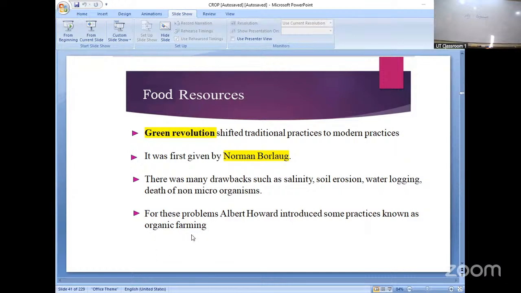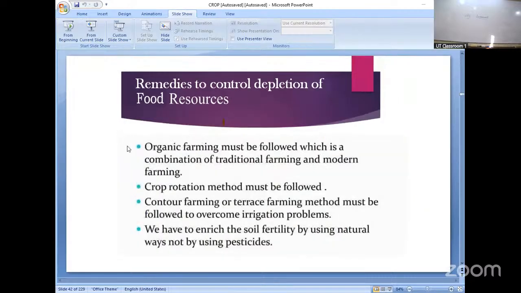This organic farming was introduced by Albert Howard, and it should be followed. It is a combination of traditional farming and modern farming. That includes crop rotation, and as I have told you, contour and terrace farming methods must be followed.